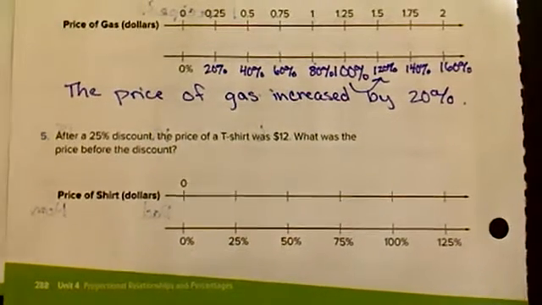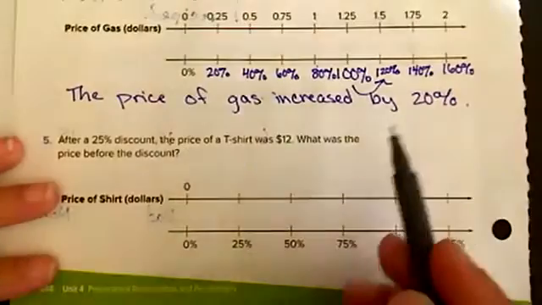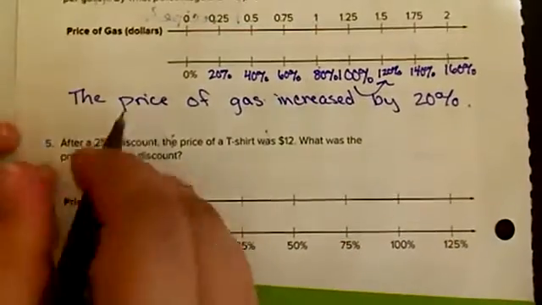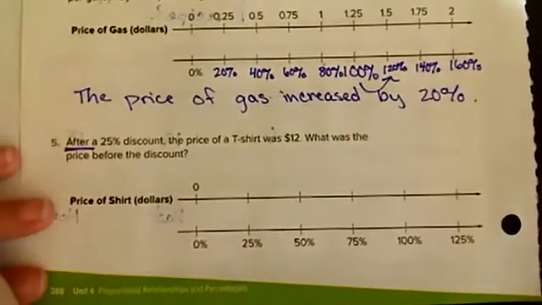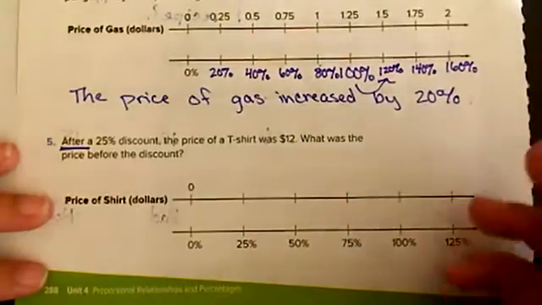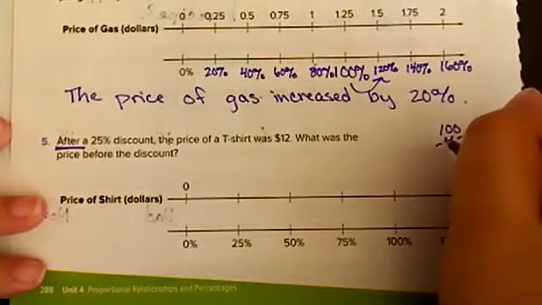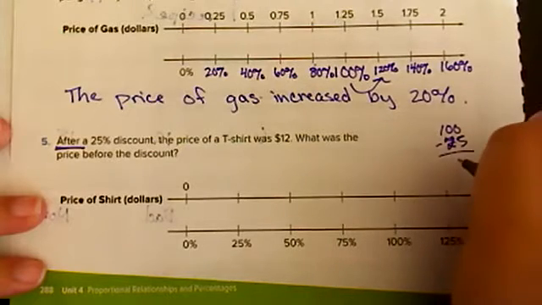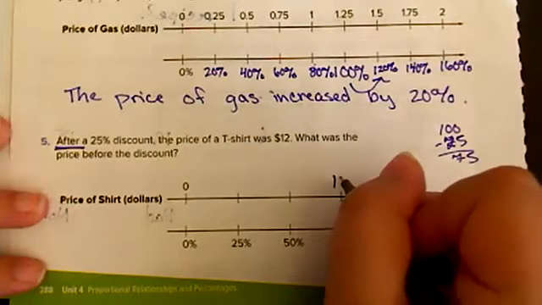So we need to find what's 100% minus 25% of that percent, because this is after, that's our keyword, after a 25% discount. So 100 minus 25 is going to give us 75%. So 75% is $12.